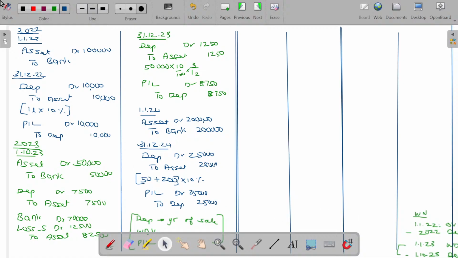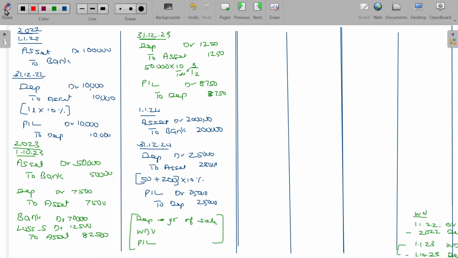Now I'll open the asset account and the depreciation account if I need. And I can open the P&L account extract. Complete cannot be opened, so only an extract. Balance sheet extract.